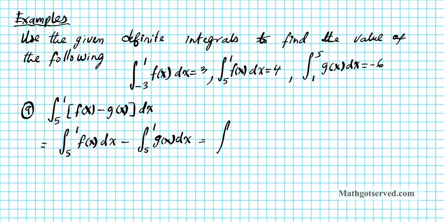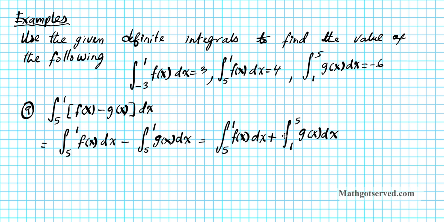Okay, so this can be written as the integral from 5 to 1 of f of x dx. This is good, we don't want to bother it. Minus, now we're going to switch the order of this integration. When we switch the order of integration, what happens? You must switch the sign, right? So this becomes a plus the definite integral from 1 to 5 of g of x dx.